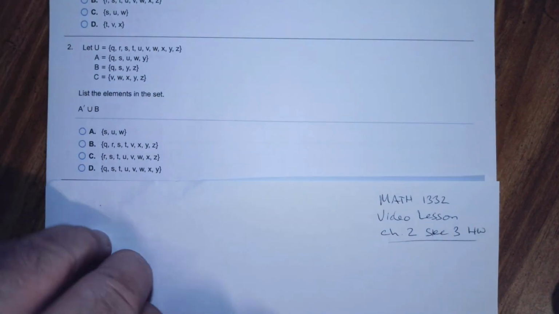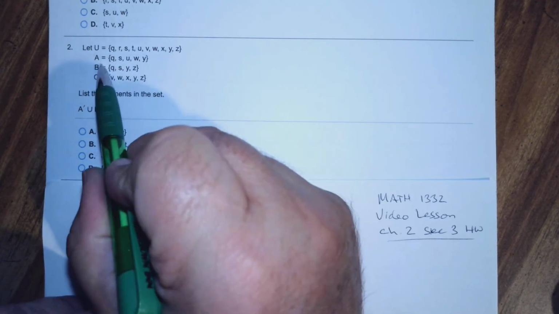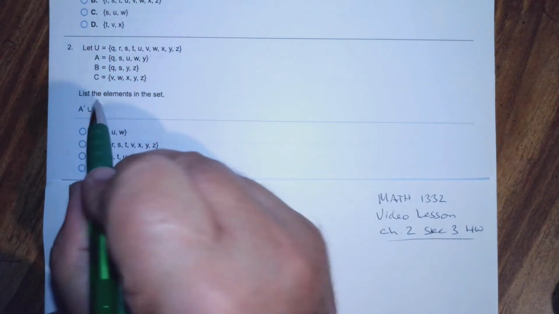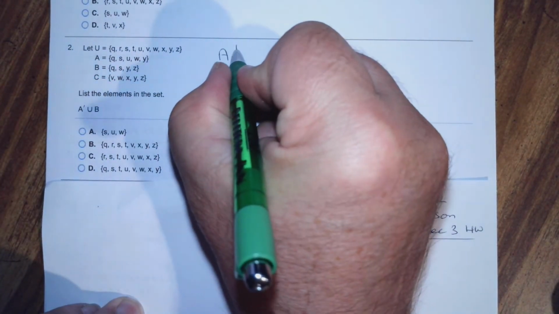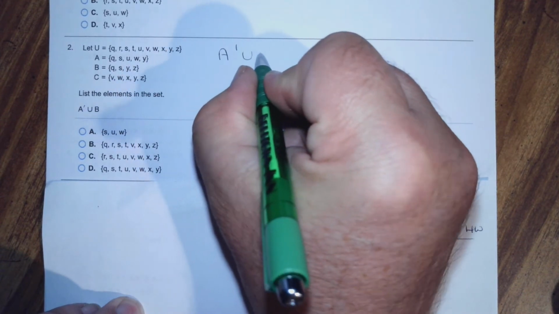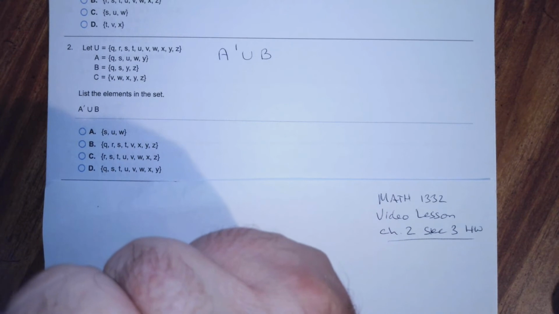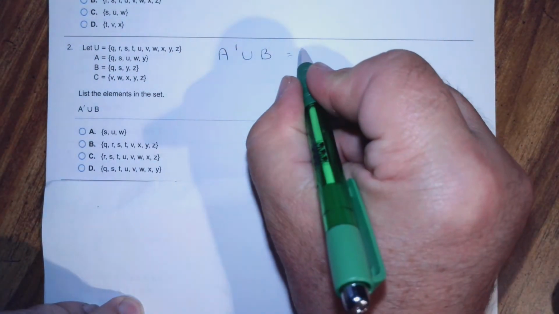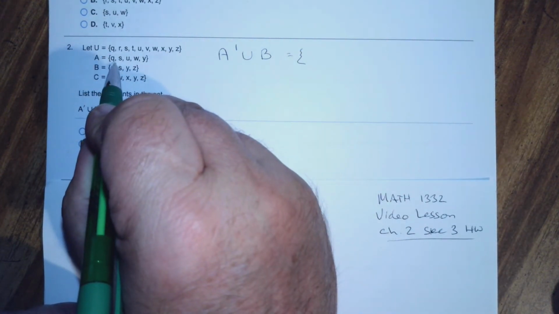Question number 2. Let the universe be all the letters from Q to Z. A is Q, S, U, W, Y. B is Q, S, Y, Z. Now, list all the elements that satisfy this. The complement of A unioned with the elements of B. So first off, which ones are the complement of A?